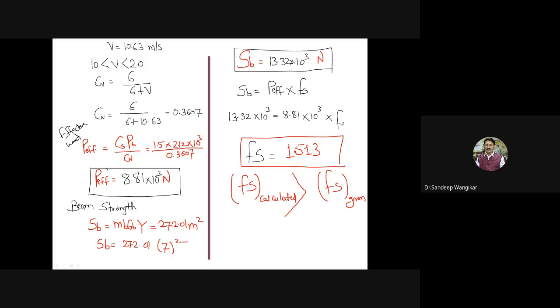If it is lesser, assume that it is 1.4 and we require 1.5, then the design is not safe and we have to go for revision in the module. We have to increase the value of module to the next extent and then go for calculation. But here FS calculated is greater than factor of safety given. Therefore, I will write down here: design is safe. This is nothing but the check for design. And why have I gone for the check for design?